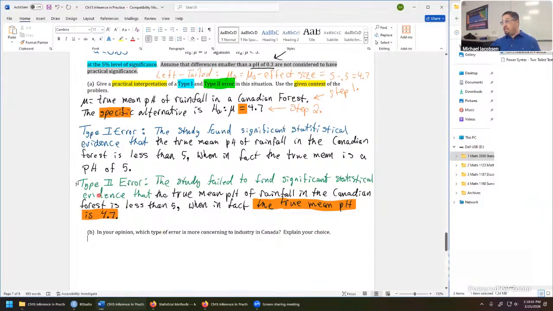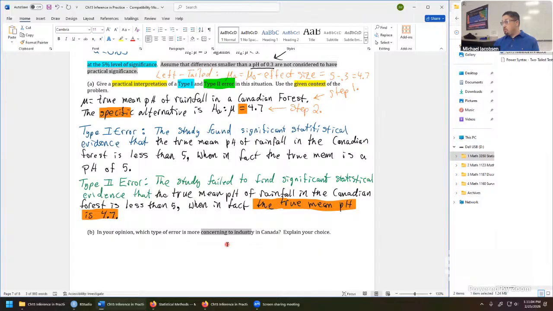Some people, in their opinion, might think type 1 error is worse. For some people, type 2 error might be worse. But it also depends on who we are talking about. If we're talking about just the average Canadian, they might be concerned about sulfur dioxide being released, causing more and more acid rain, devastation to their environment, those kinds of things.